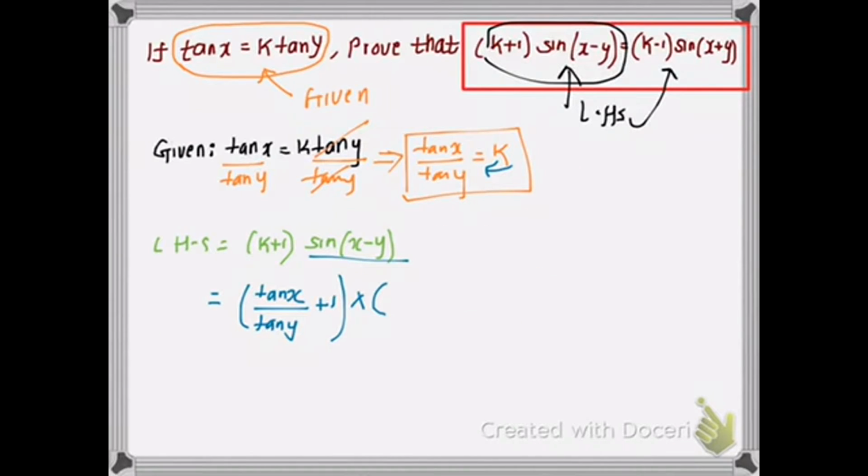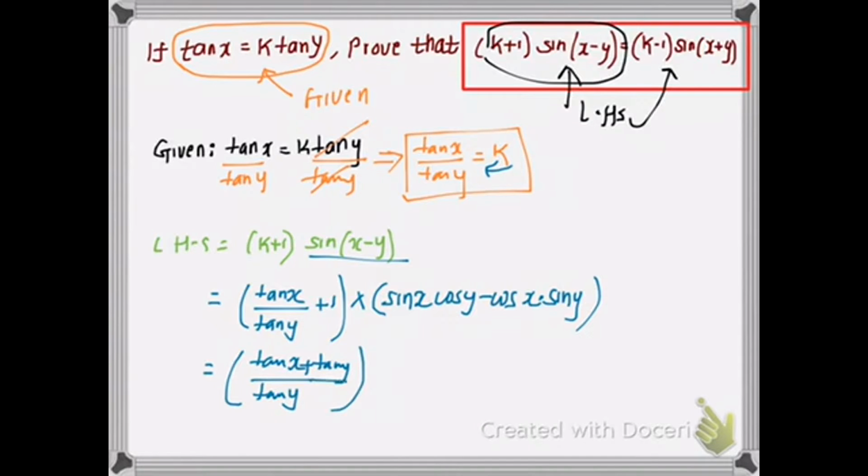Now let us put the formula here. Sin x cos y minus cos x sin y. Now let us take the LCM here. Tan y as our denominator, and here tan x plus tan y, and then the remaining term as it is.